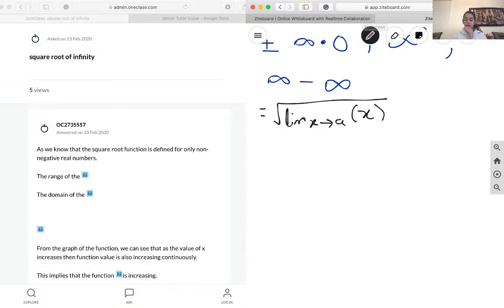Next, we're going to apply the common limit rule.